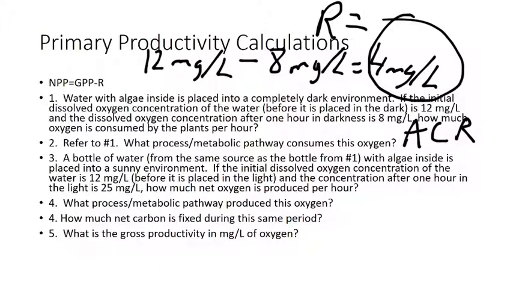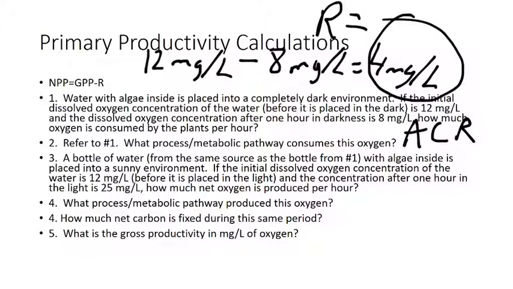Question 3. A bottle of water from the same source as the bottle from number 1 with algae inside is placed into a sunny environment. So again, when the bottle's in the sun, both photosynthesis and cell respiration occur. If the initial dissolved oxygen concentration of the water is 12 before it's put into the light, and the concentration after 1 hour in the light is 25, how much net oxygen is produced?